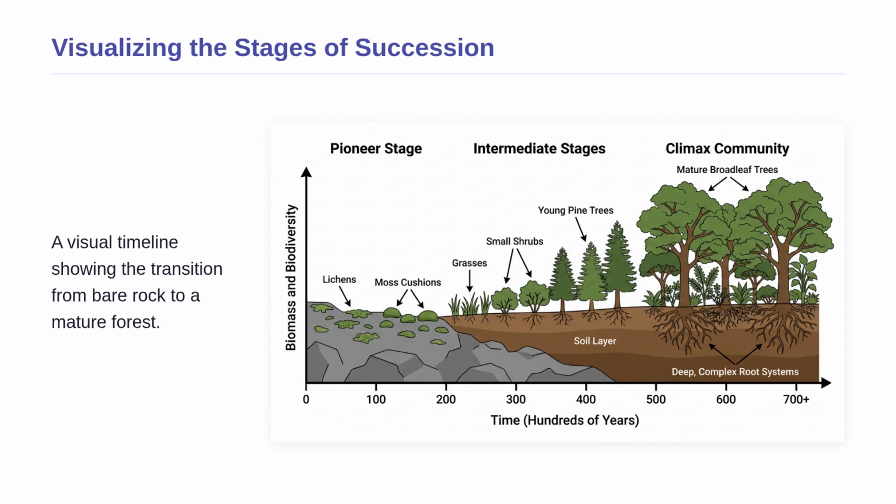Moving to the right into the intermediate stages, the soil deepens, allowing grasses, shrubs, and young trees to take root and outcompete the pioneers. Finally, on the far right, we reach the climax community. Here, you see a dense, mature forest with towering trees and deep root systems. This visual perfectly summarizes how nature systematically rebuilds a stable ecosystem from nothing.